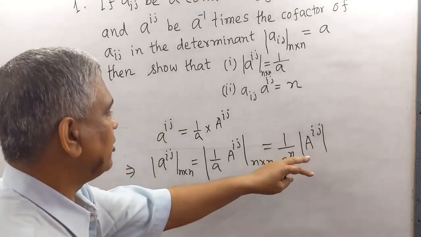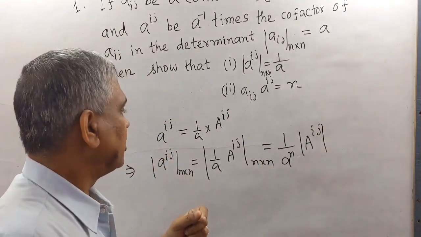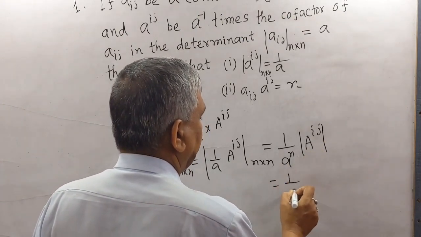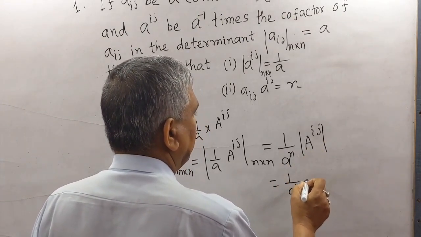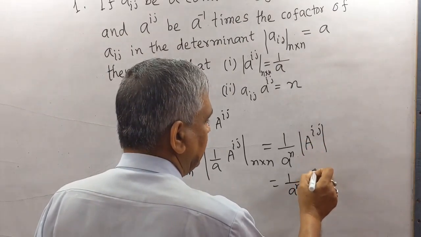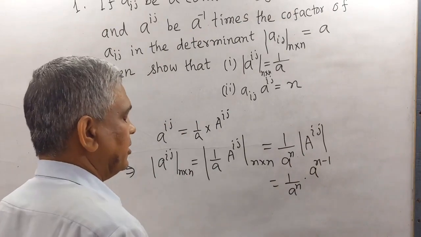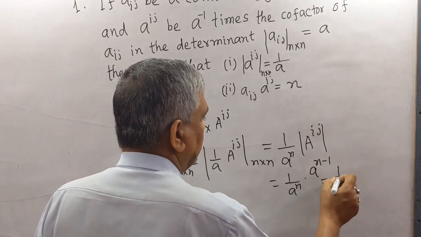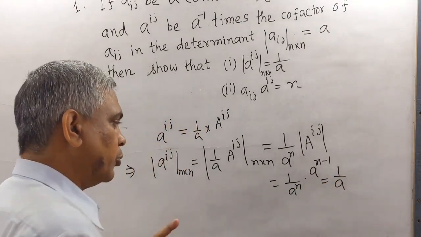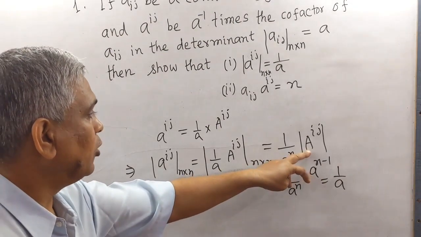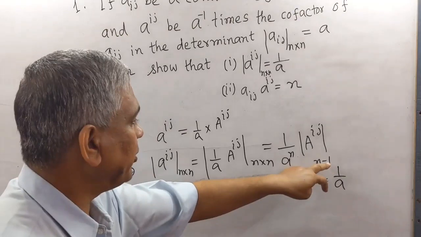This is the determinant of cofactors. So this will be 1 by a to the power n, and the value of this is a to the power n minus 1. This equals 1 by a, proved. But we will verify that the value of this determinant is a to the power n minus 1.